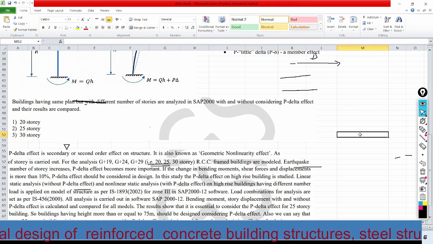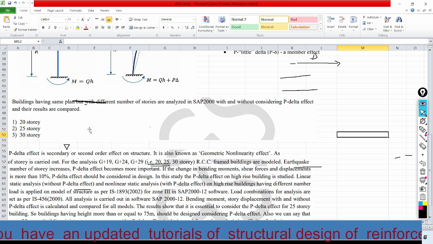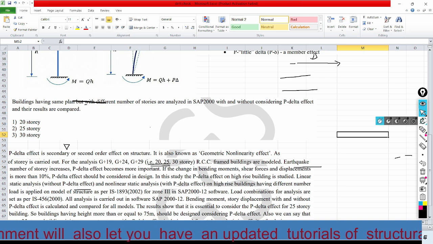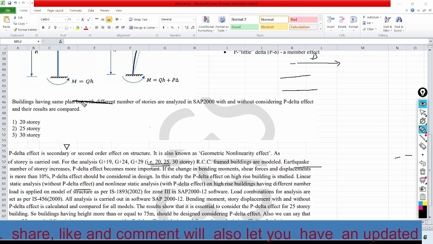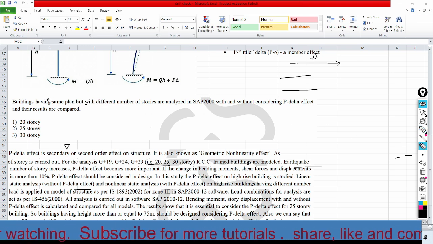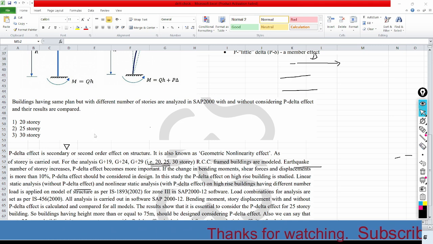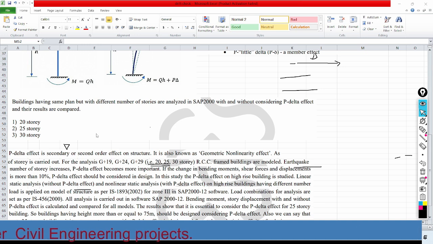So here, one research was carried out in India to identify the effect of the P delta on high-rise buildings. The aim was to find at how many stories the effect of P delta starts.